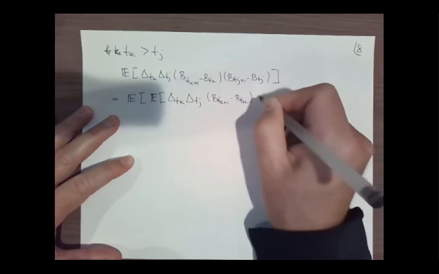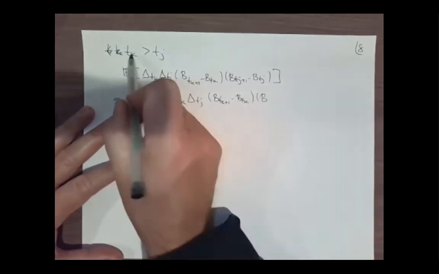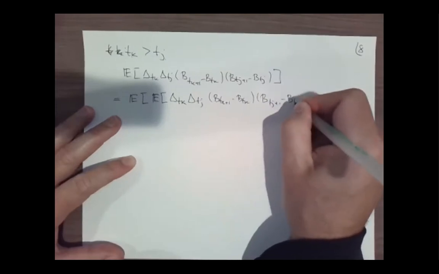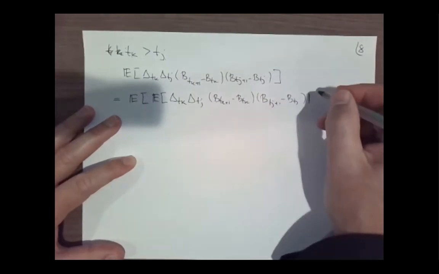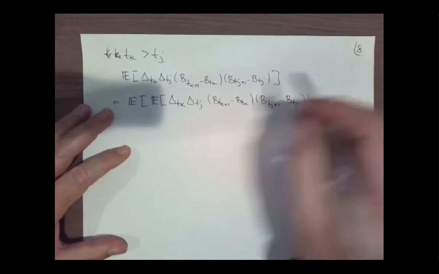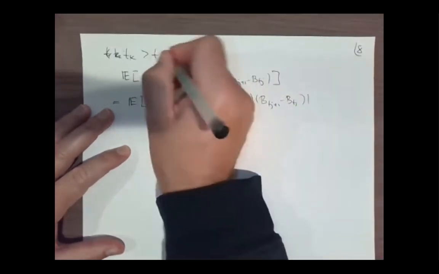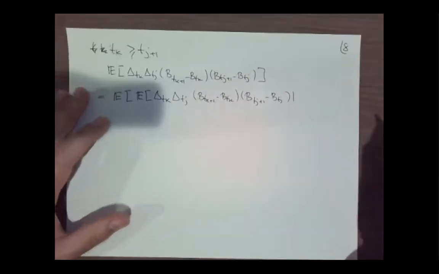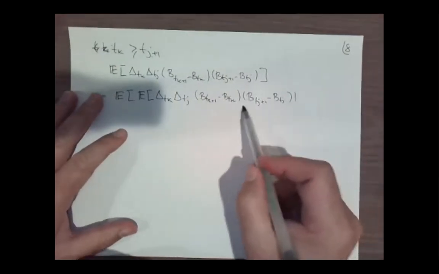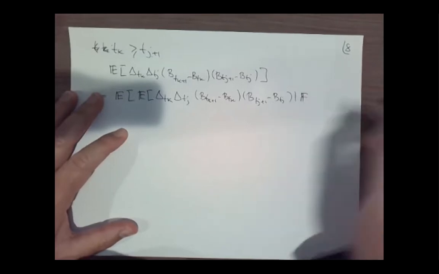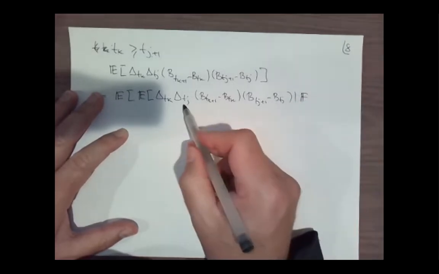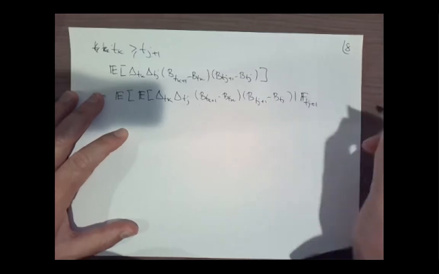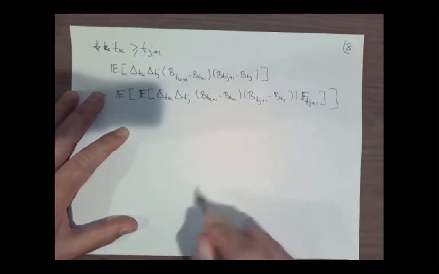F_{t_j}, the small one. Yes. Very good. Maybe we should take a bigger one than that. Maybe I'll write it like this. Let's see, what do we get? I think t_{j+1} is the one we want.